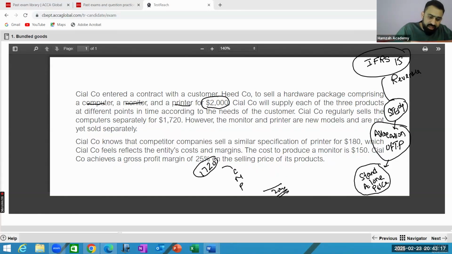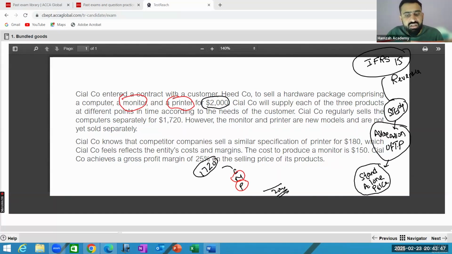But the problem is with the monitor and with the printer. The standalone price of the monitor and printer is not directly observable.